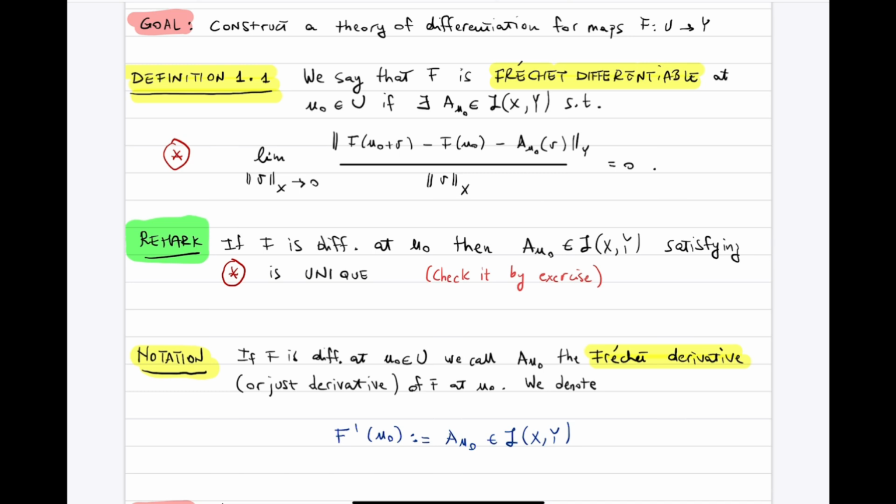So the first remark is that if f is differentiable at u0, then the differential is unique. So there is only one operator which makes this condition true, if there exists one, and this is very easy to prove.